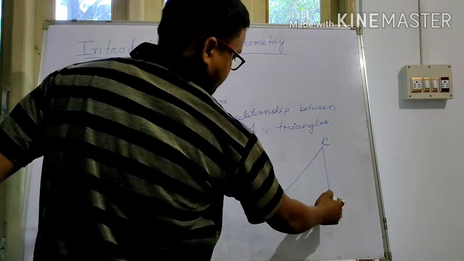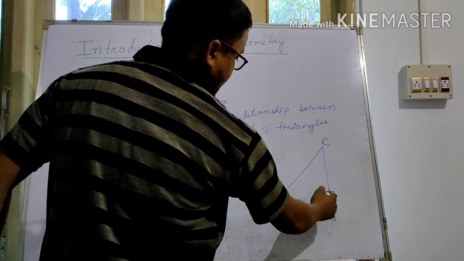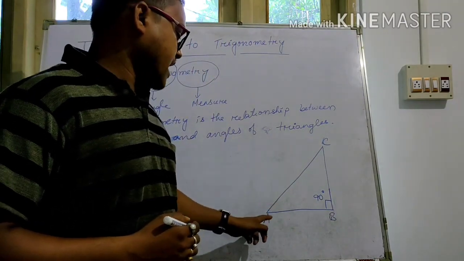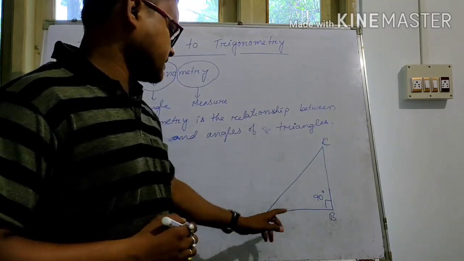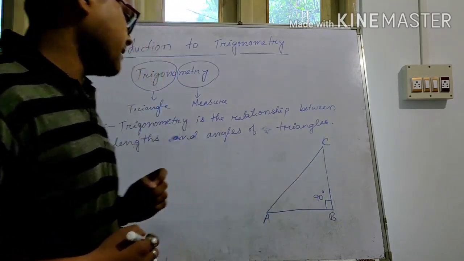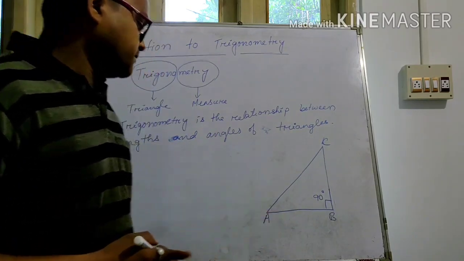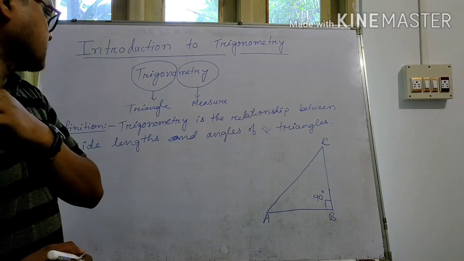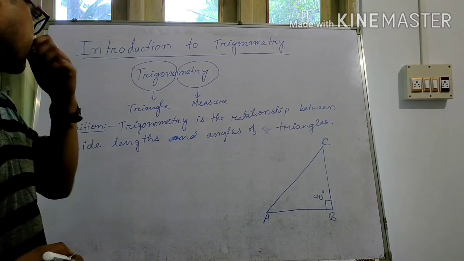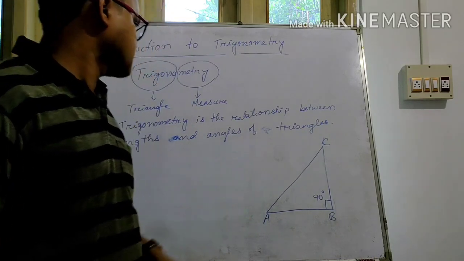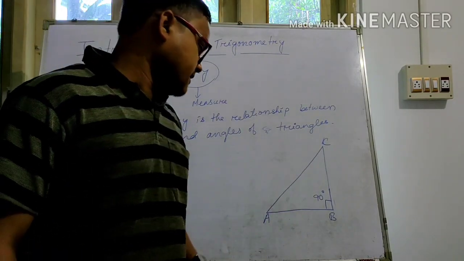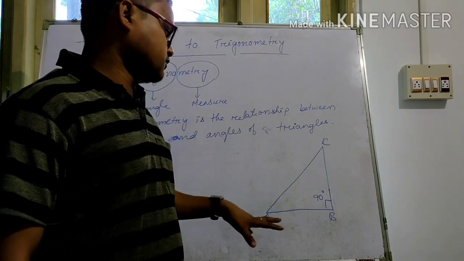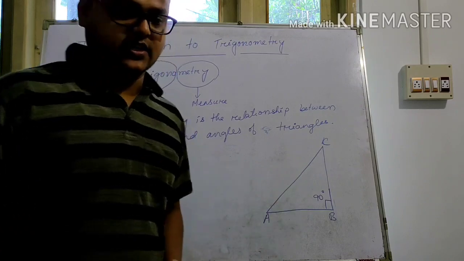If ABC is a right angle triangle, suppose this is 90 degrees. Here there are three angles, A, B, C, and three sides, AB, BC, and AC. For finding the trigonometric ratios, we have to know this right angle triangle.